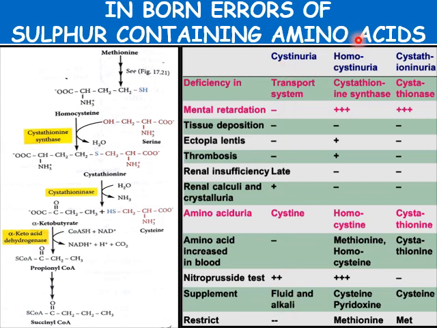While in homocystinuria and again in cystathioninuria, cysteine in the diet is essential, methionine is restricted in the diet, and B6, B12 and folic acid supplementation has to be given in these two conditions.